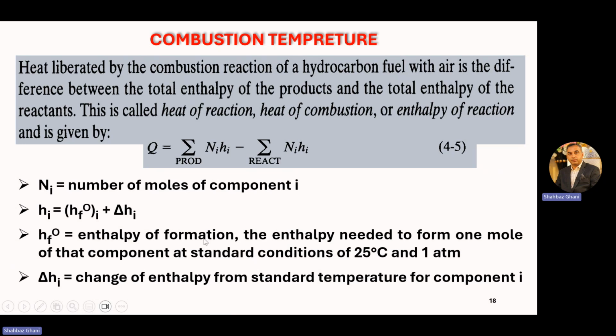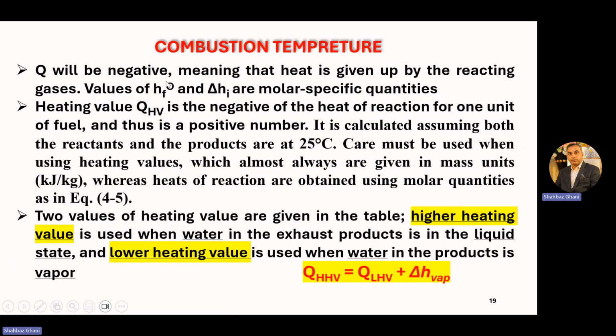Hf is the enthalpy of formation, the enthalpy needed to form 1 mole of that component at standard conditions of 25 degrees Celsius and 1 atmosphere pressure. Delta Hi is the change of enthalpy from standard temperature of component i. Now Q will be negative, meaning that the heat is given up by the reacting gases. Values of Hf and delta Hi are molar specific quantities.